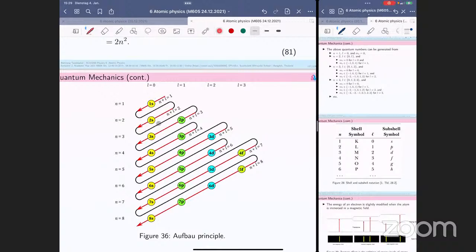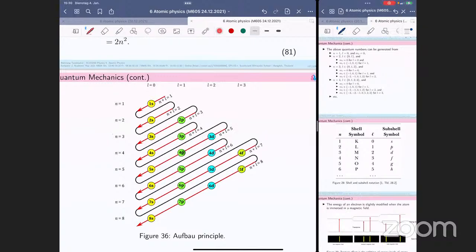You move in a zigzag way to l equal to 1 for n equal to 2, and you go further to 3s. And you move back to 3p when n equal to 3. You move further to the next case when n equal to 4, but l is equal to 0. You move to 3d, for the case when n equal to 3, but l equal to 2.